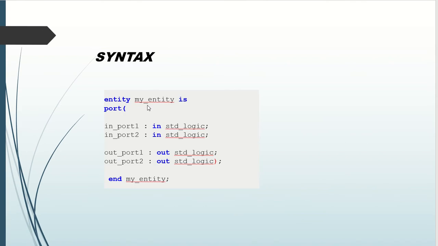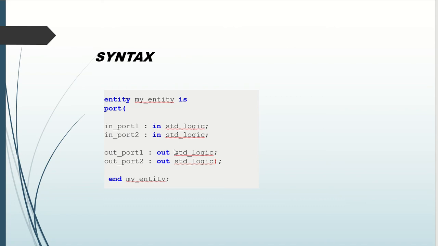Syntax. Entity my_entity is: my_entity is a name, is a keyword. So we start declaring port, open bracket, in_port1. In is an input signal. std_logic is a data type that is already stored in the library.